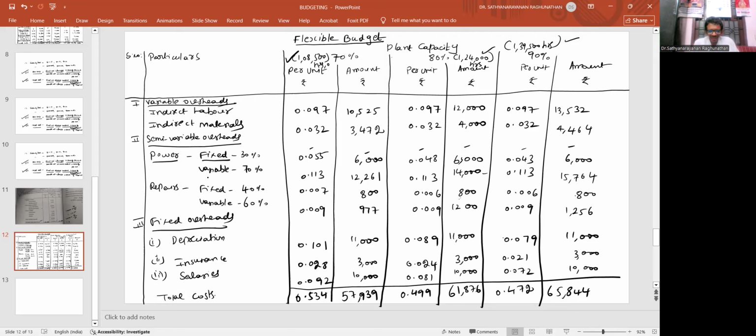Okay, you see, in the case of variable, per unit column remains same at all level of capacity, whereas amount column varies in accordance with the various levels of capacities. This mantra only you have to bear in your mind while you are working the flexible budget. If you are strong enough with this particular mantra, then you can solve any type of problem under the flexible budget. Now, in your textbook, you can take any problem and then you can solve accordingly.